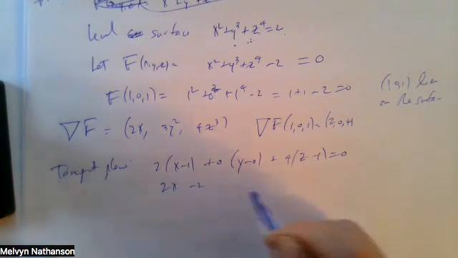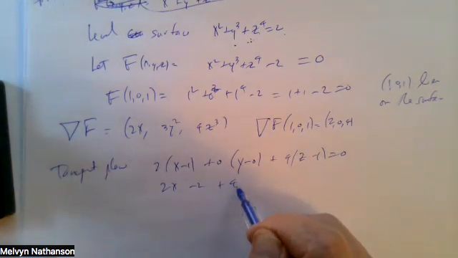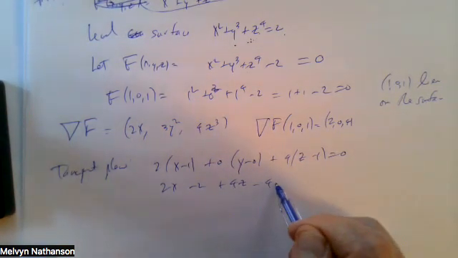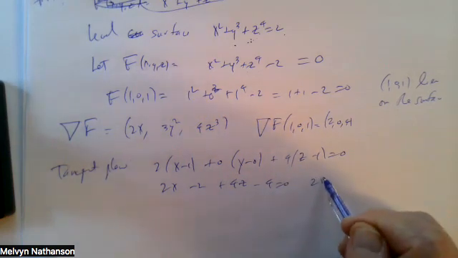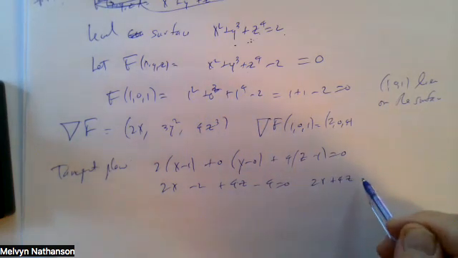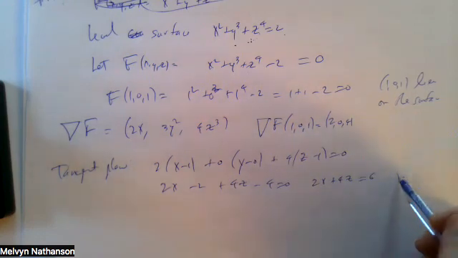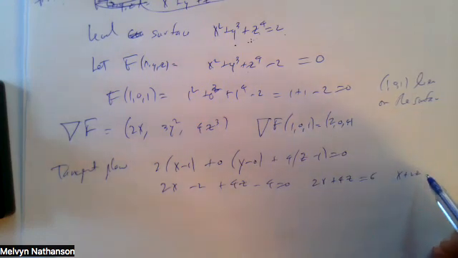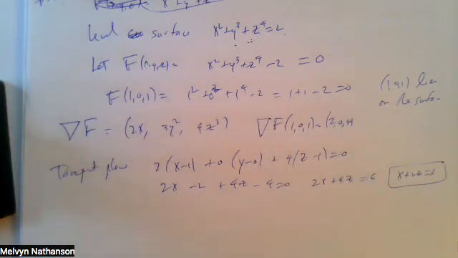So this is 2x minus 2 plus 4z minus 4 equals 0, or 2x plus 4z equals 6, or x plus 2z equals 3. So that's the tangent plane.